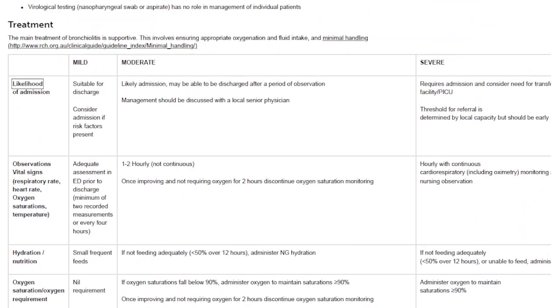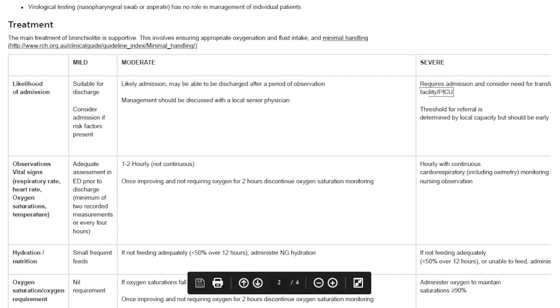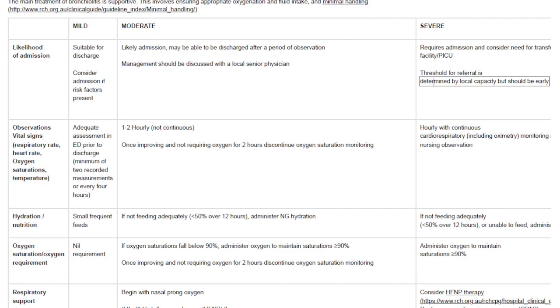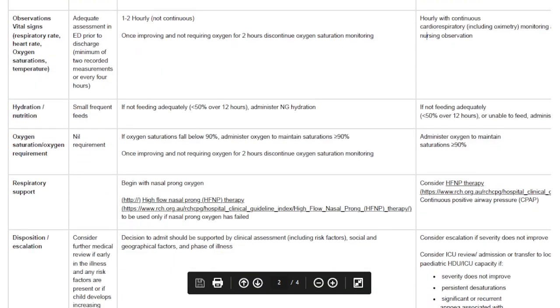Severe. Likelihood of admission: requires admission and consider need for transfer to a higher-level facility/PICU. Threshold for referral is determined by local capacity but should be early. Observations: vital signs hourly with continuous cardiorespiratory monitoring, including oximetry, and nursing observation.